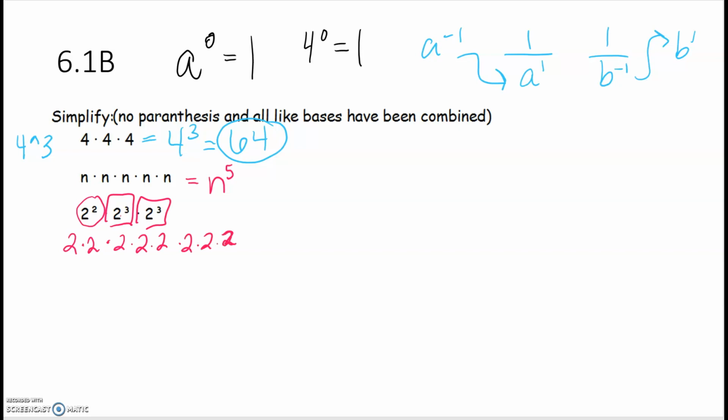So how many 2's do I have total? Okay, so I'm going to count them up. It looks to me like I have 8 2's, so 2 to the 8th, 2 8 times. And I'm going to type that in my calculator with that caret key, and I get 256.